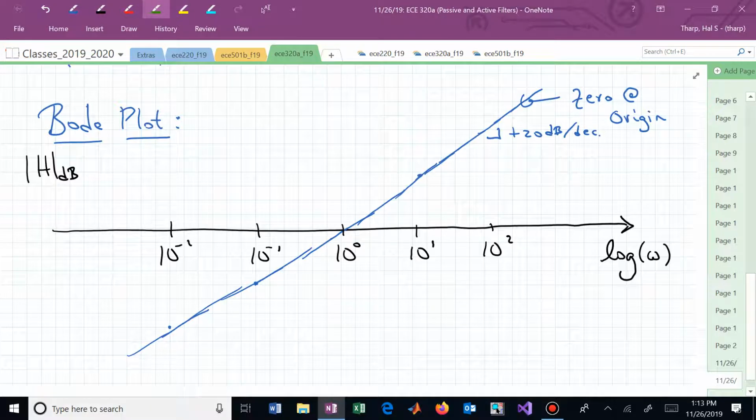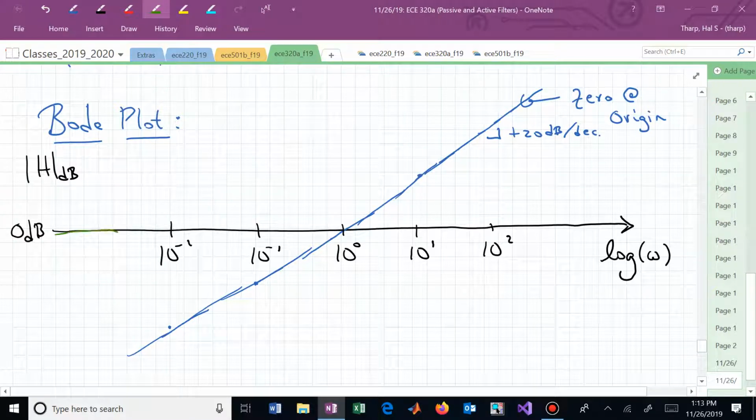What about my pole at 1? And I'm assuming this is my 0 dB line. That allowed me to indicate where I was crossing 0 dB at omega equal to 1 with my 0 factor at the origin. I have a pole.